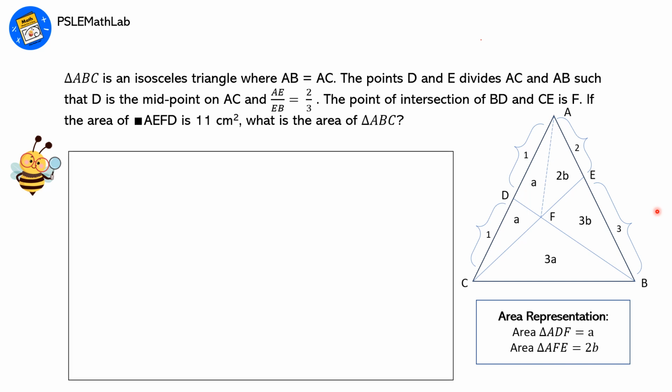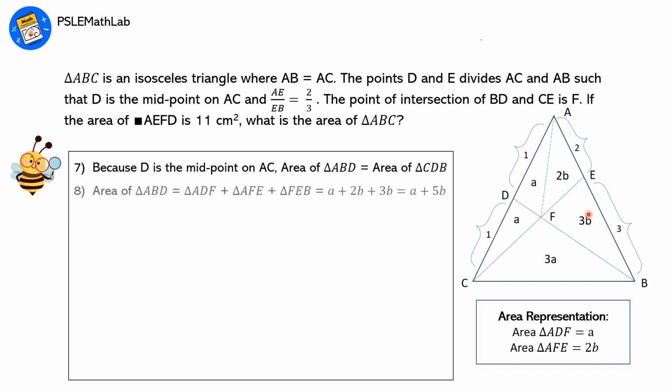Continuing from our previous calculations, since D is the midpoint of AC, the areas of ABD and CDB are the same. From the notations in the graph, we can write the area of ABD as A plus 2B plus 3B, which is A plus 5B.